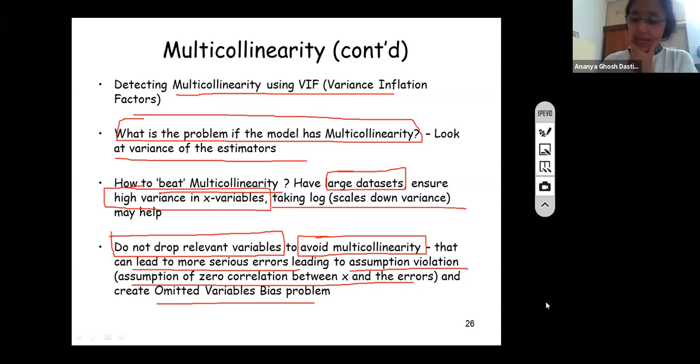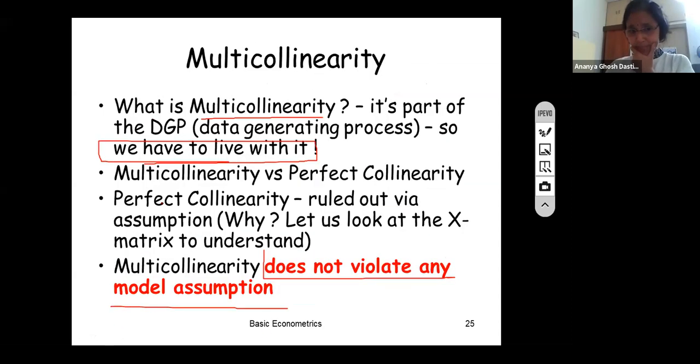Why do we want to talk about the X matrix? Because we'll have to look at the X matrix to understand why perfect collinearity had to be ruled out, and also to understand something called the dummy variable trap. Because now we can start looking at models with dummy explanatory variables, having discussed this problem of multicollinearity.